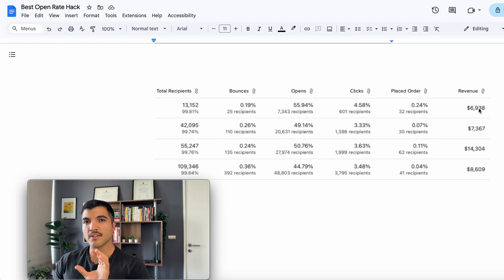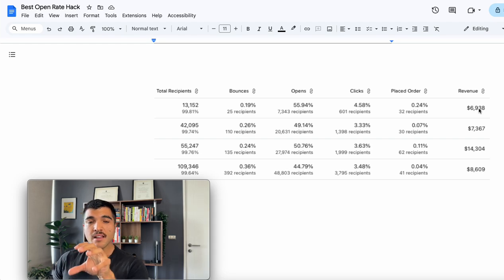So maybe you're guessing what the difference is already, because we didn't change anything else. We just selected a few different segments in Klaviyo to send this campaign to, so then we can analyze the different behavior between these segments.